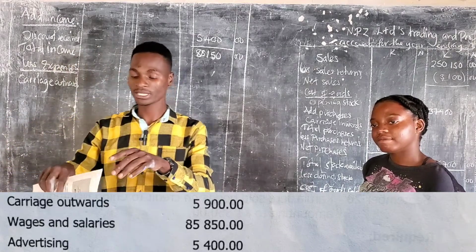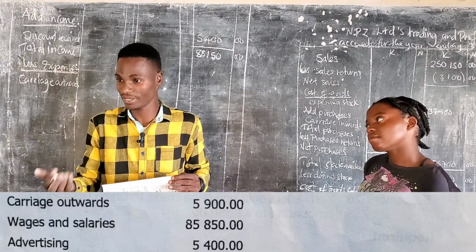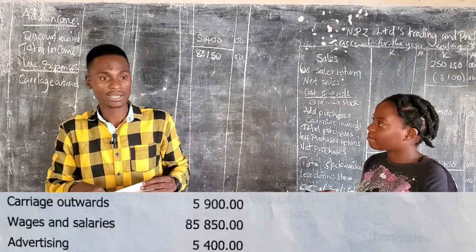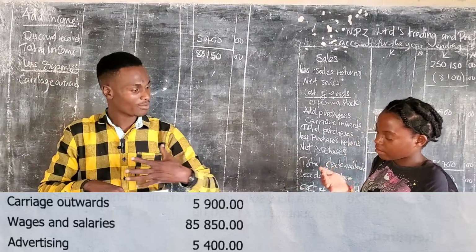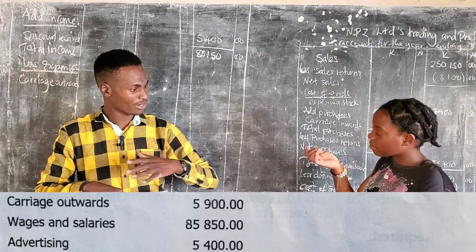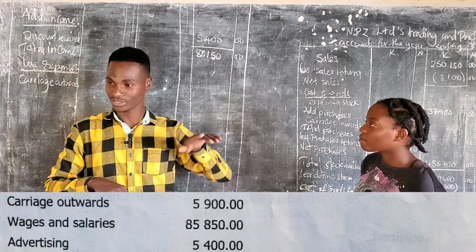Yes. So it means that you are the owner of the business, you are selling items, let's say furniture. Then a customer comes to buy and you say, when you buy from us, we're going to give you free transport as long as you are within the town.